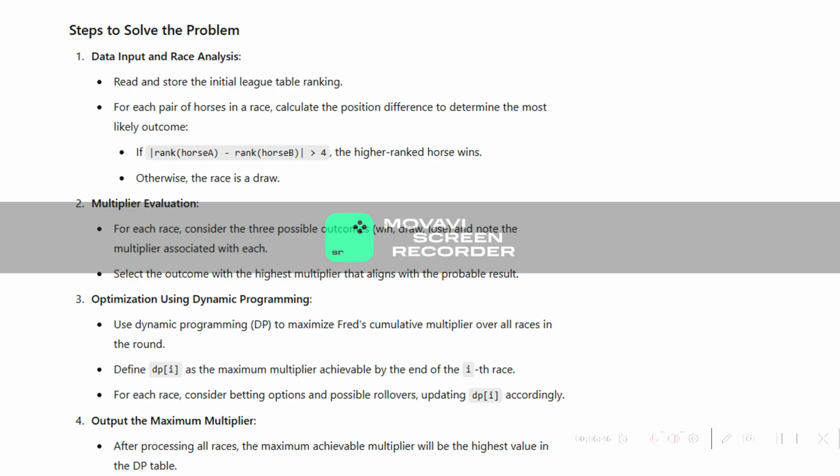The next is multiplier evaluation. For each race, consider the 3 possible outcomes: win, draw, and lose. Note the multiplier associated with each outcome.